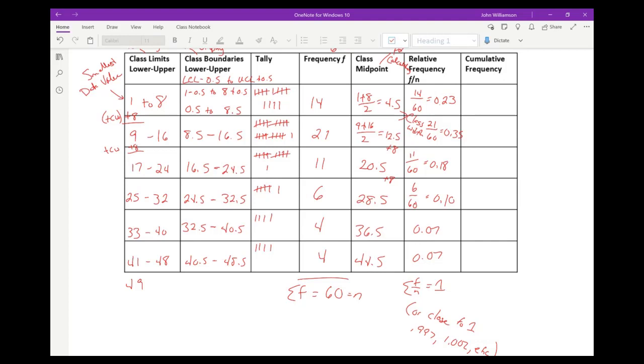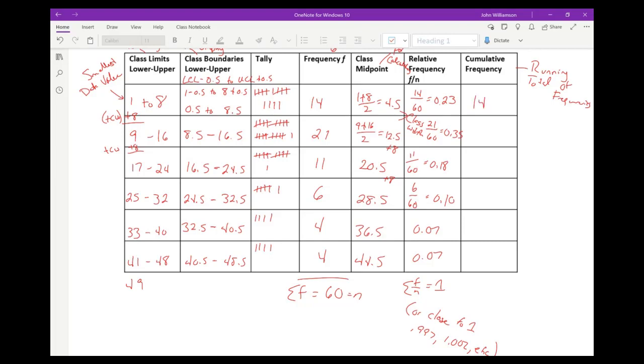And so the last column, cumulative frequencies. Think of this as basically your running total. So it's kind of your running total of how many data values you've gone through at each row. So it's always going to be the sum of the frequency that you're on for that class and every single class above it. So your first class is really easy.